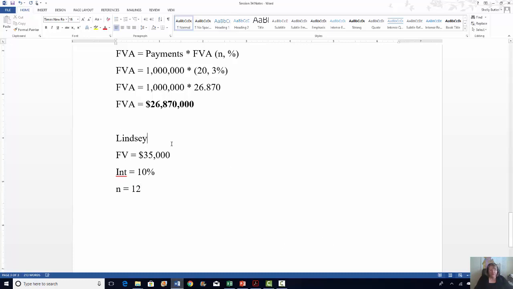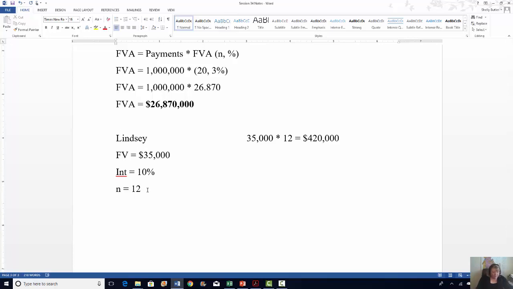So let's go over here and figure out how much she is going to get. Multiplied by 12 is $420,000. This is what she's going to get in all the payments.